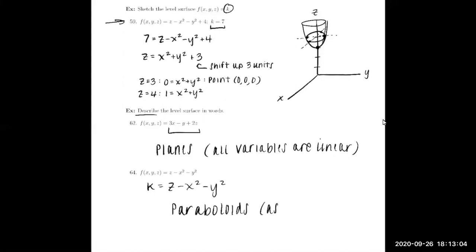And I'll just make a note, this is as in problem 59 that we just saw. This concludes section 13.1. So up next is going to be 13.2. We're going to revisit limits and continuity in higher dimensions.